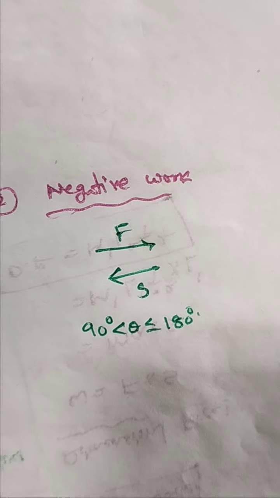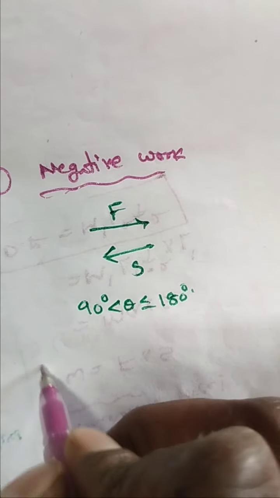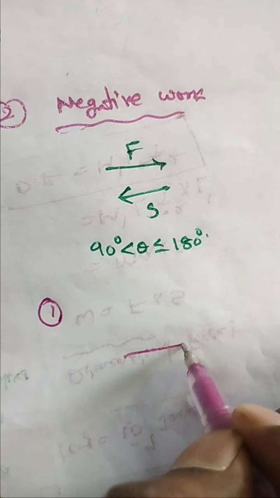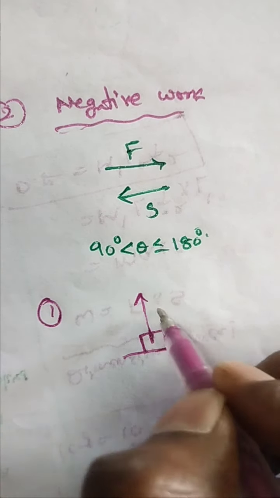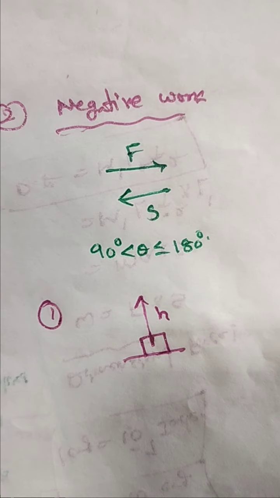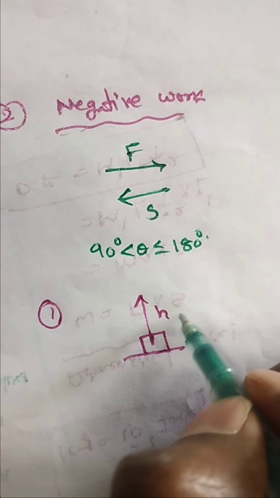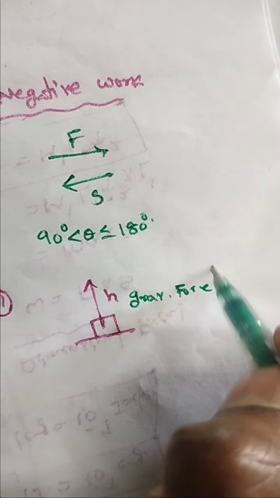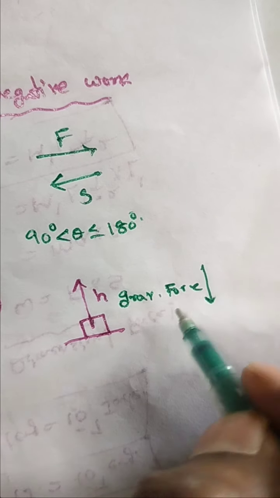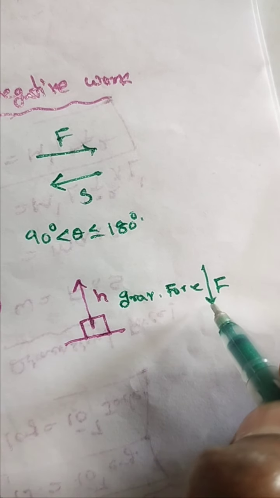So what are the examples? Here I am taking the first example again. When the person lifts a body to a particular height, in this case what is the gravitational force? Is it acting in the upward or downward direction? Here the gravitational force is in the downward direction.